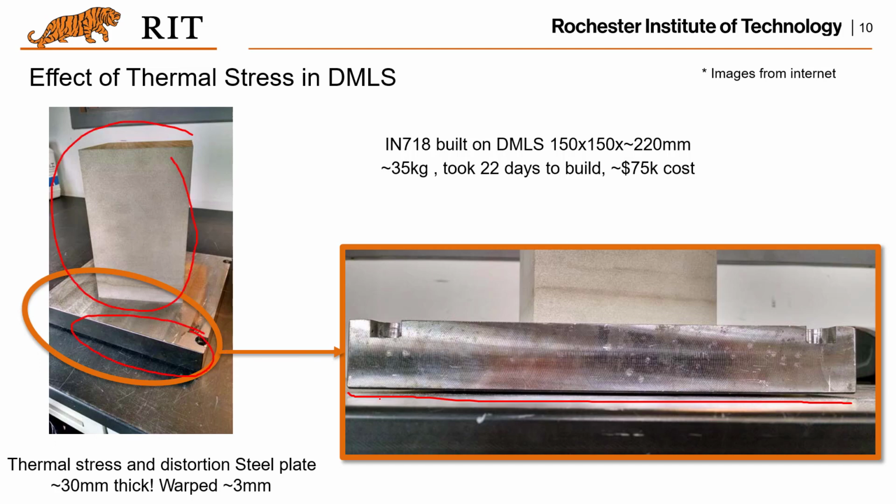You can see this plate is bent because the thermal stress introduced on the part drives the plate to be deformed. So that's a really serious problem for the direct metal laser sintering process.